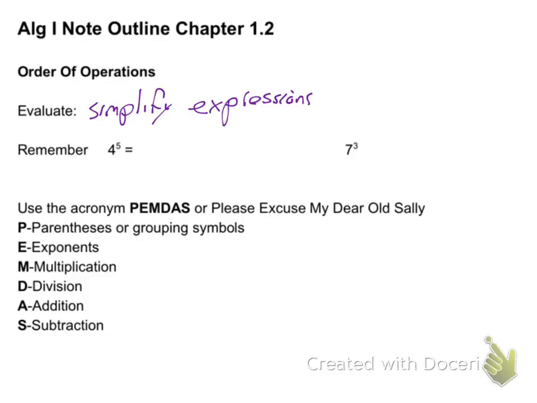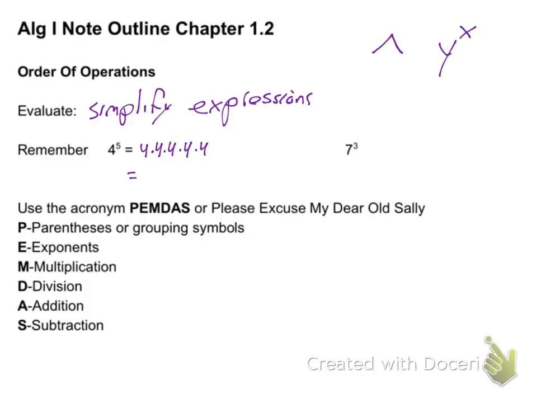Also, guys, remember what does 4 to the 5th power really mean? 4 times 4 times 4 times 4 times 4. And that itself would equal what? Take a calculator out. You should know how to use the power button on your calculator. 4 to the 5th power. Everybody should be looking for this button that looks like a caret. We call that a caret key.